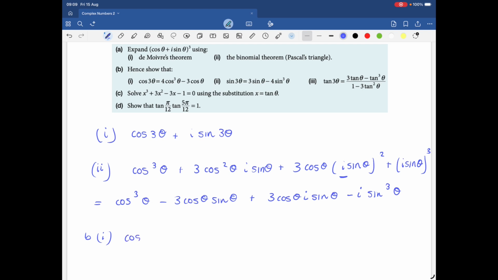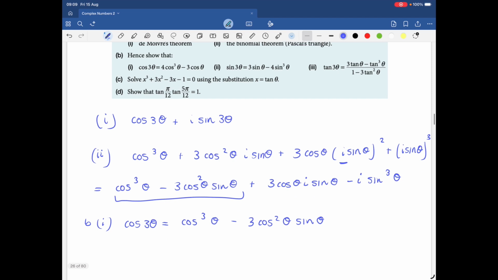That means cos 3θ, which is the real component of that expansion from de Moivre's theorem, is simply cos cubed θ minus 3 cos θ sin squared θ. And the question says prove it's 4 cos cubed θ minus 3 cos θ.